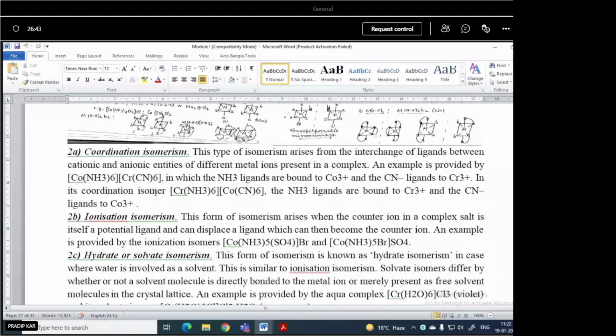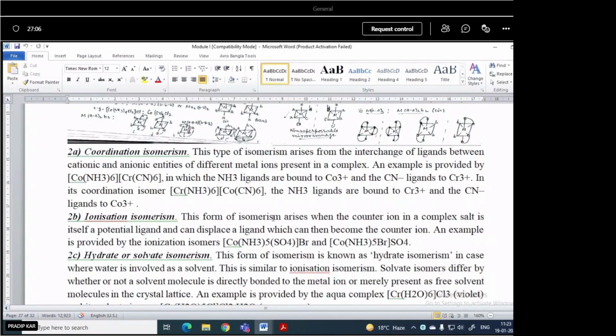This will give the positive ion [Co(NH3)6]3+, and [Cr(CN)6]3- will give the negative ion in aqueous solution. Is it clear? Ligands exchange their position to give the coordination isomer.